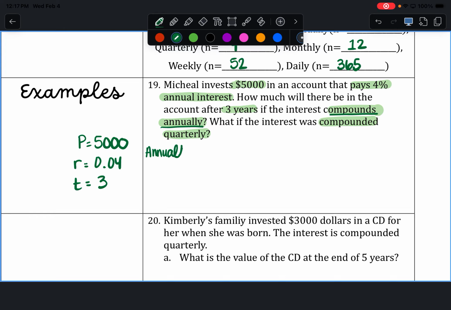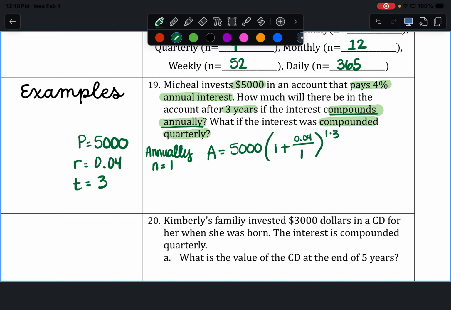When you compound annually, what does N have to equal? 1. So now we just plug all that into the formula. A is equal to 5,000 times 1 plus our rate divided by N, which is 1, to the power of N times our time.